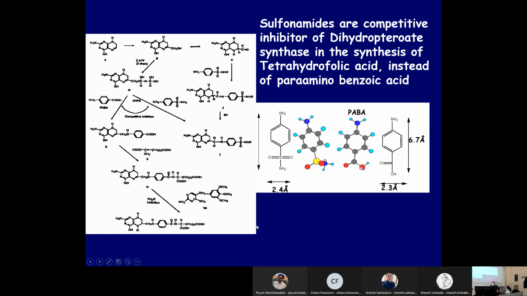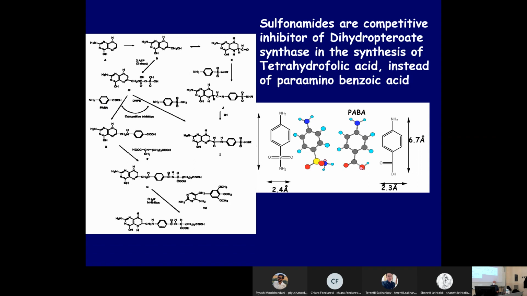Anilino group here, and an acidic group. Sulfonamides have an acidic proton, the same as the carboxylic group. And so these two molecules are very similar. In this particular pathway, it is important, the incorporation of para-amino-benzoic acid, to have the folic acid, this important molecule able to provide a methyl group to introduce a methyl group in the uracil to give thymine.